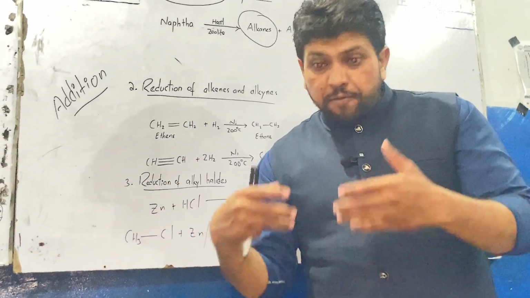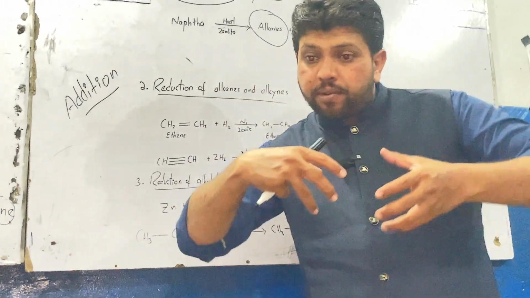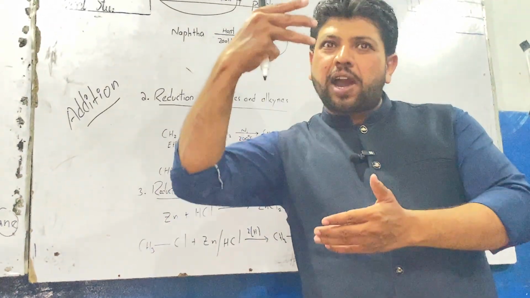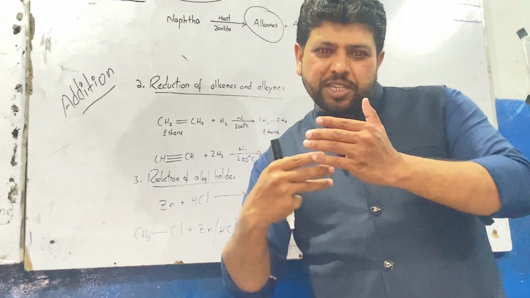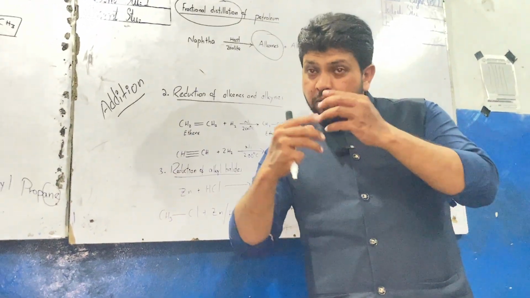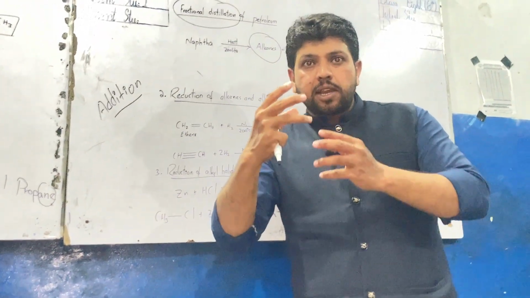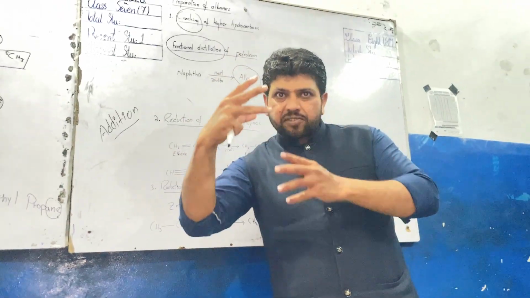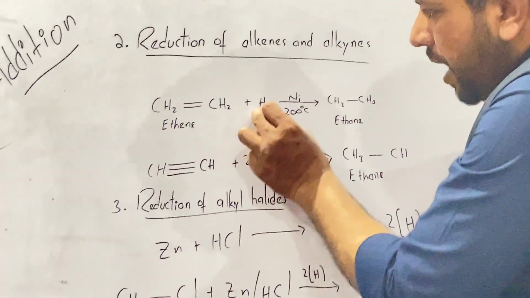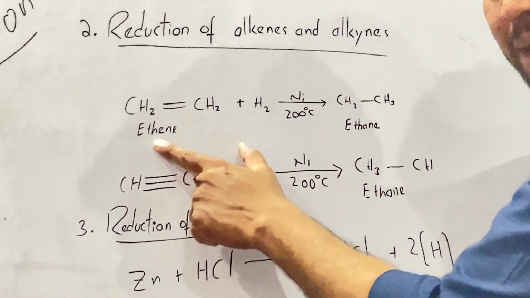If we provide carbon dioxide, it will be known as carboxylation. And if we remove hydrogen, it will be known as dehydrogenation. Okay, if we remove halogen, it will be known as dehalogenation. D stands for removal.